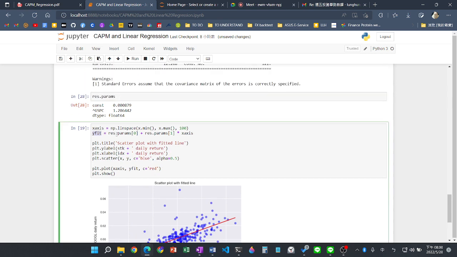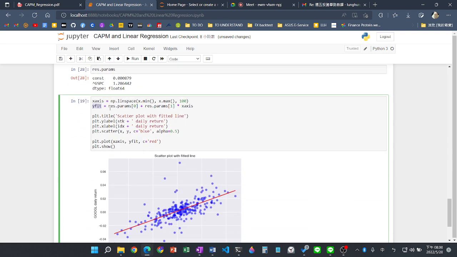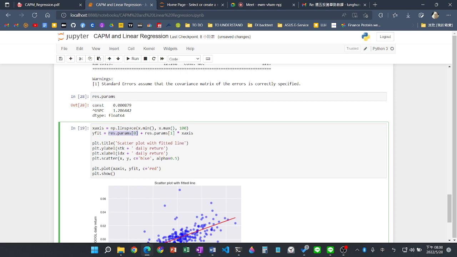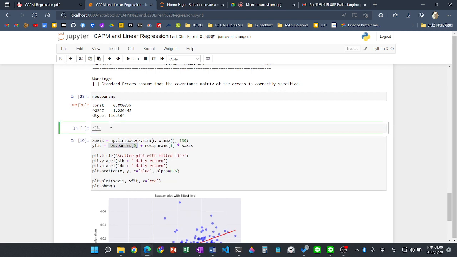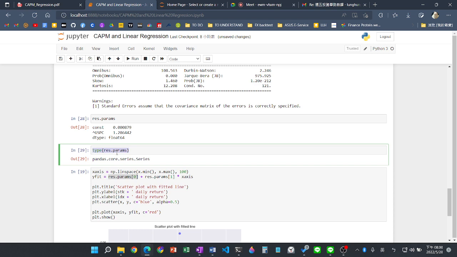We want to plot this line with what we get from our linear regression, and in particular this is just the intercept, the first element of the parameters. If we look at the type of this, we can see that it is a series, right?